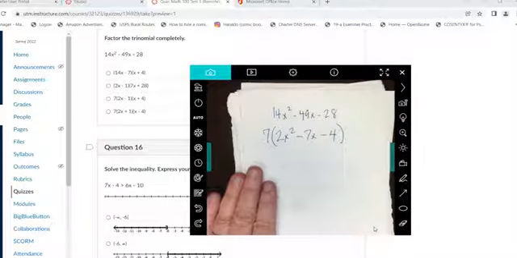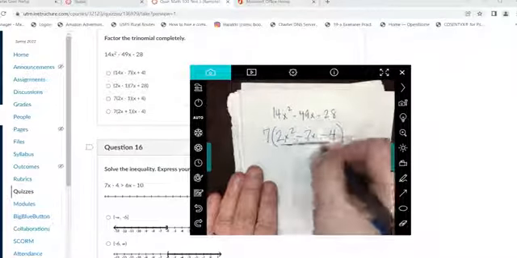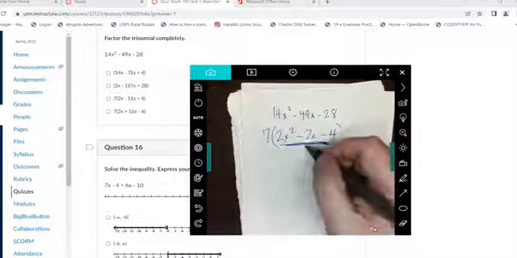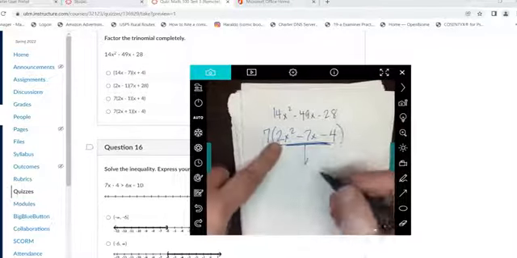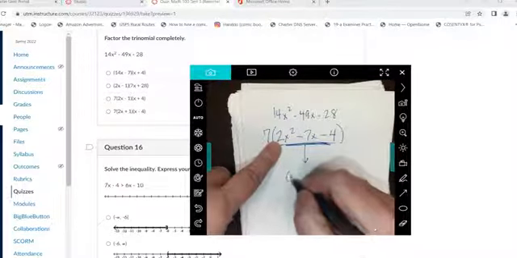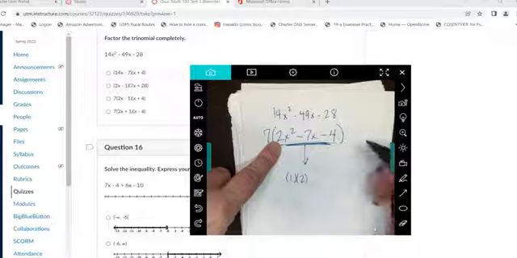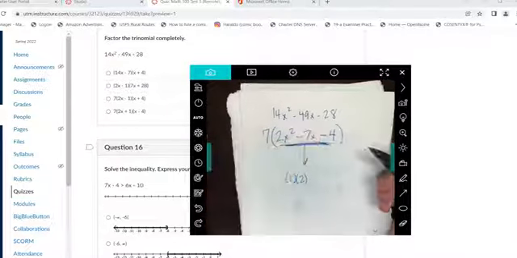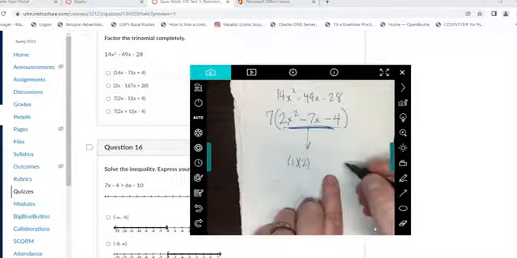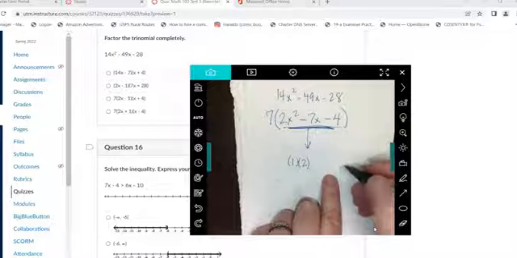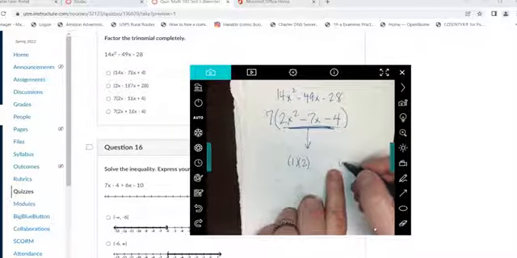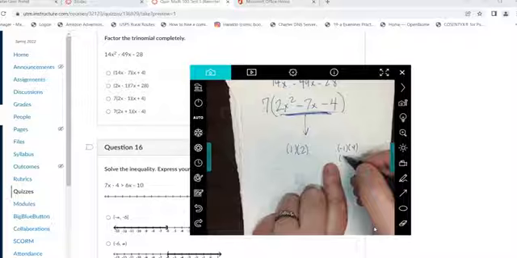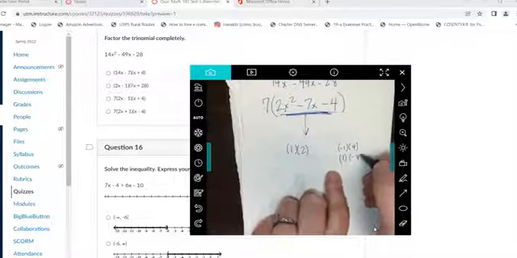Okay, now, can we do something with this? The leading term is 2, so I know I'm going to need that. And then I have negative 4. How could you get negative 4? Well, you could have negative 1 and positive 4. You could have 1 and negative 4.